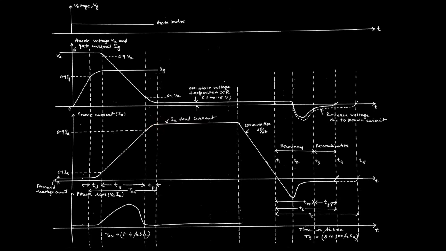In this spreading region, the current tries to increase sharply and the voltage decreases sharply, reaching 10% of its initial value while the current rises to 90% of its initial value. That means the device is almost in conduction mode.